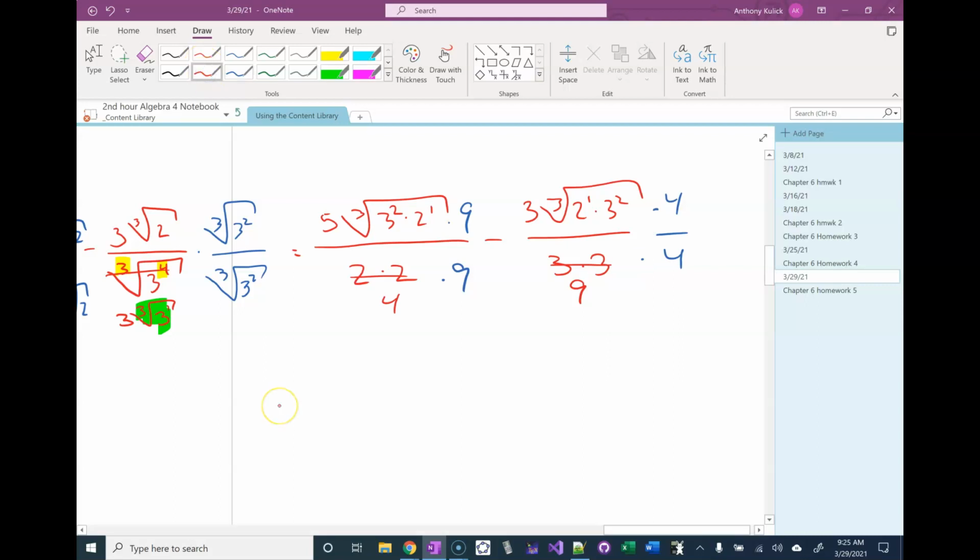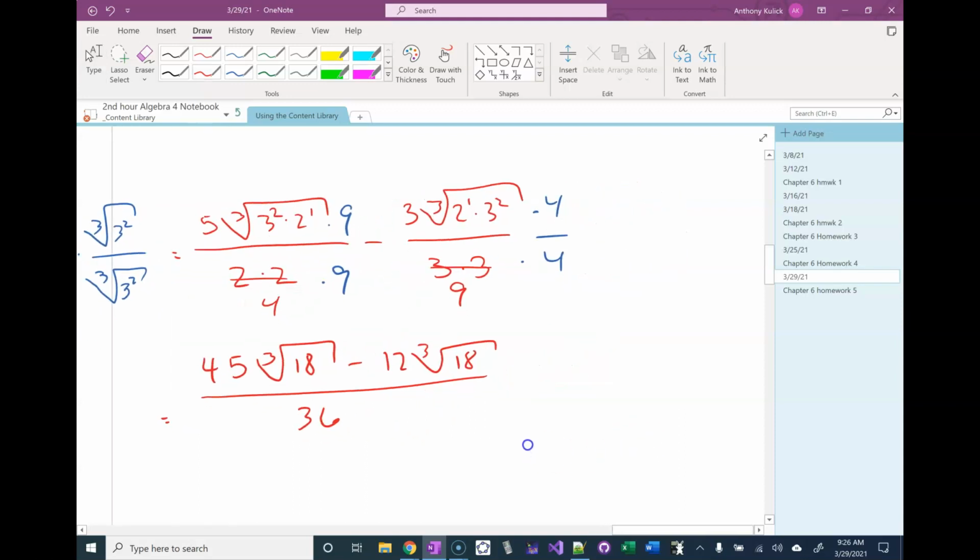Still doing okay? All right, so that's 45 cube root of 18, 3 squared times 2, minus 12 cube root 18, 2 times 3 squared, over 36. Since the cube root of 18 is identical, I can subtract these just by subtracting their coefficients.